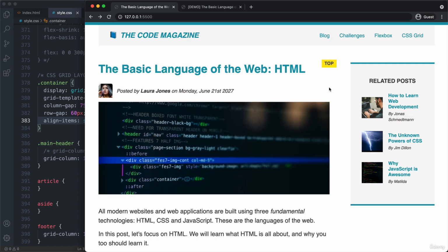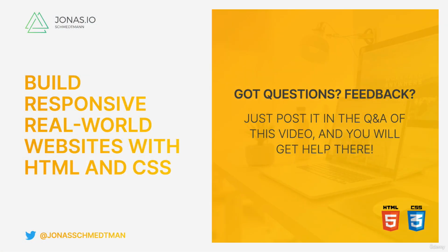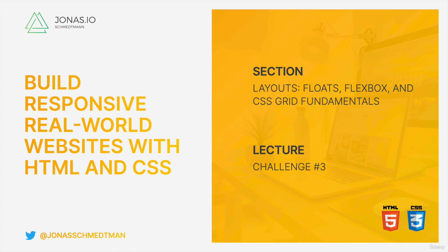And actually, that's it. So this is the third way of building the exact same layout. And if you ask me, this is actually the very best way of doing so. But now I'm pretty sure that you need to practice these skills a little bit more, and so you can do that right in the next lecture in the final coding challenge of this section.